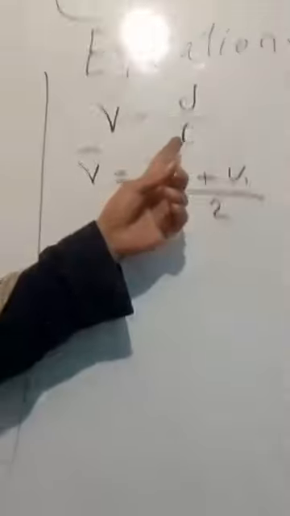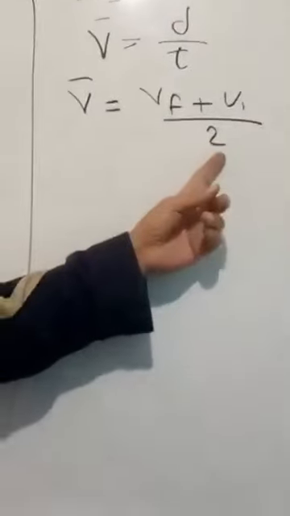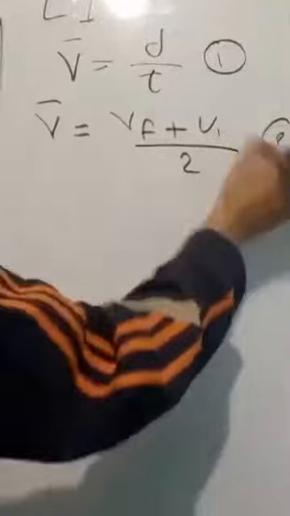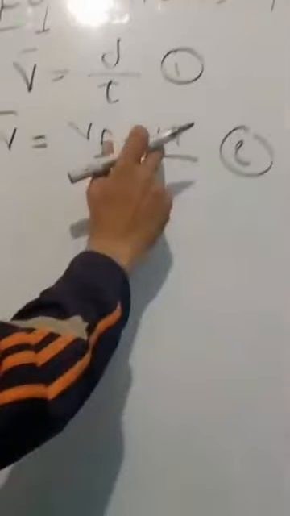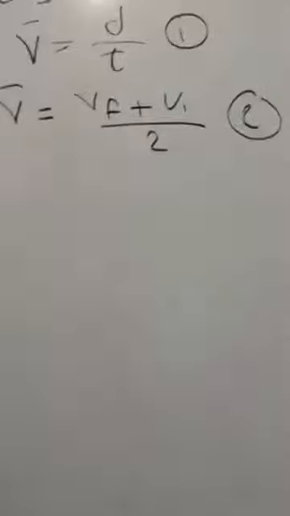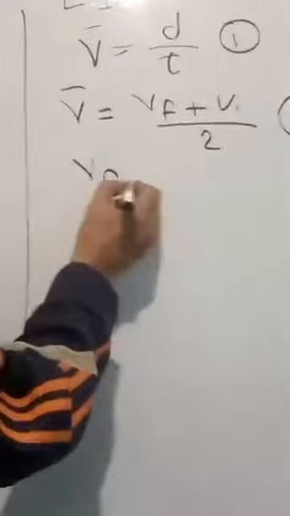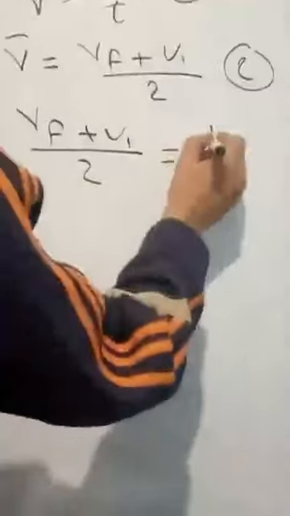So V dash equals d over t and equals Vf plus Vi over 2, which gives Vf plus Vi over 2 equals d over t.